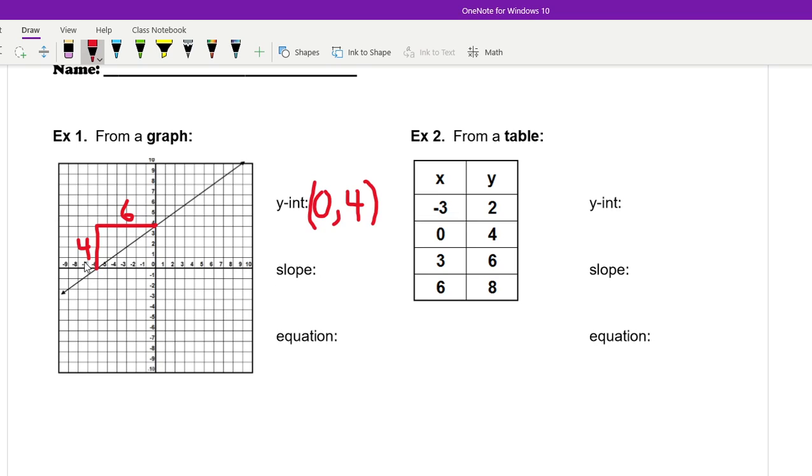Our slope in this situation will be our rise, the 4, over our run, the 6. Now we can simplify this fraction, dividing both the top and the bottom by a factor of 2, which would give us a new fraction, our simplified slope, of 2/3.